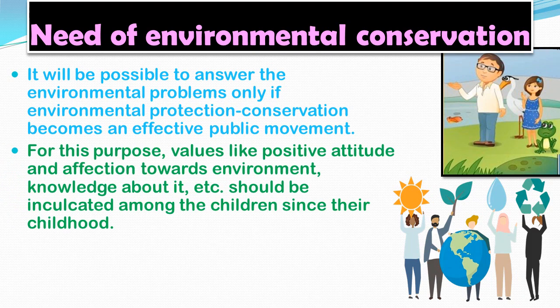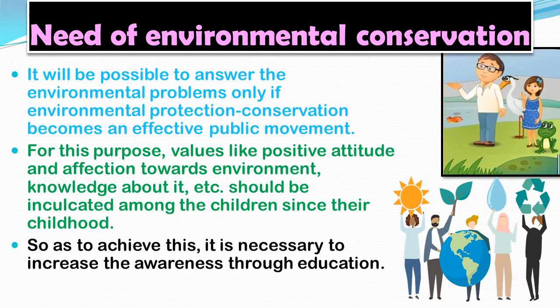For this purpose, values like positive attitude and affection towards the environment, knowledge about it, etc., should be inculcated among the children since their childhood. These things should be taught to the children from their childhood only. This will help to make the future generation more aware about environmental conservation and protection.